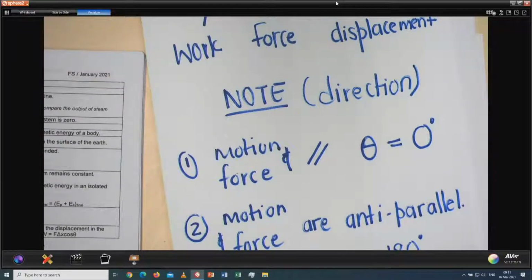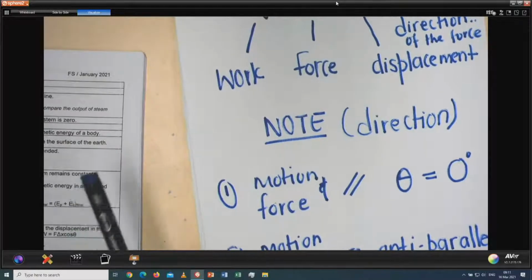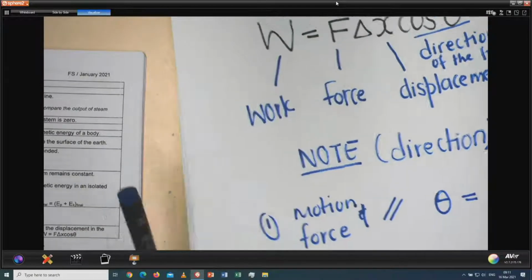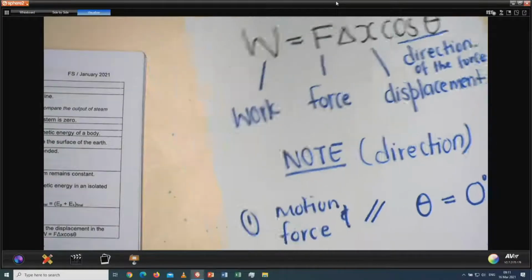Let's not forget this angle takes into consideration the direction of the force.